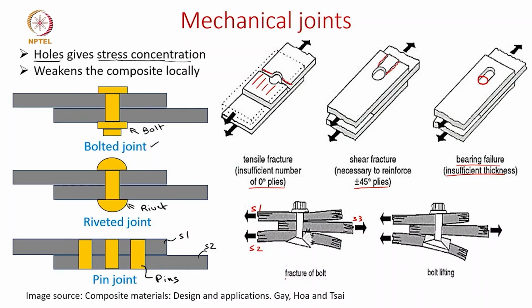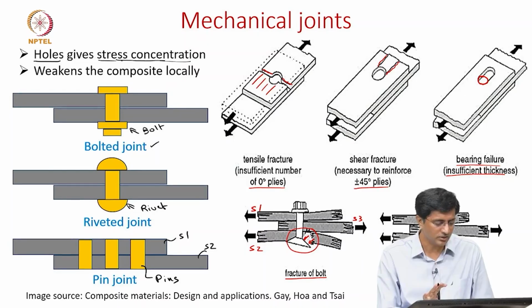So here is a fracture of the bolt. As you can see here, since it is putting a lot of load on the bolt, this bolt can fail here. Or the bolt can also start lifting. So as you can see, this bolt is piercing into the laminate and damaging the laminate more. So this is also to be avoided.